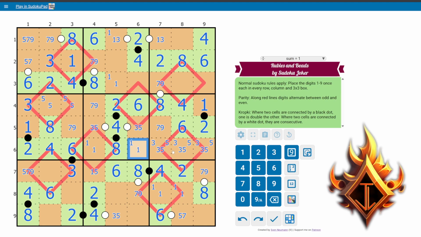So this will be the 7, 9, and that will be 1. And then we get our 5, and then we get 3. Now we'll have 3 right here by Sudoku. That becomes 1, that becomes 3.